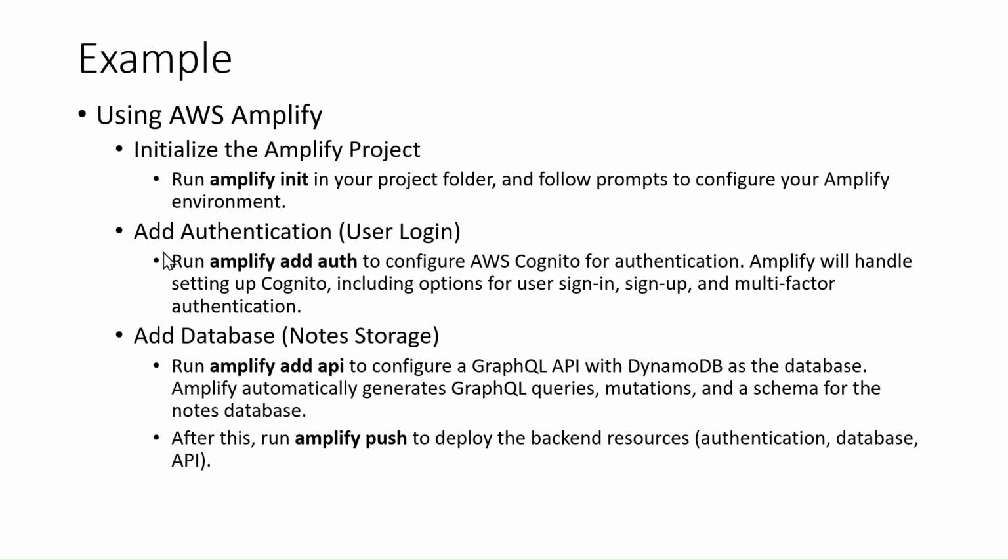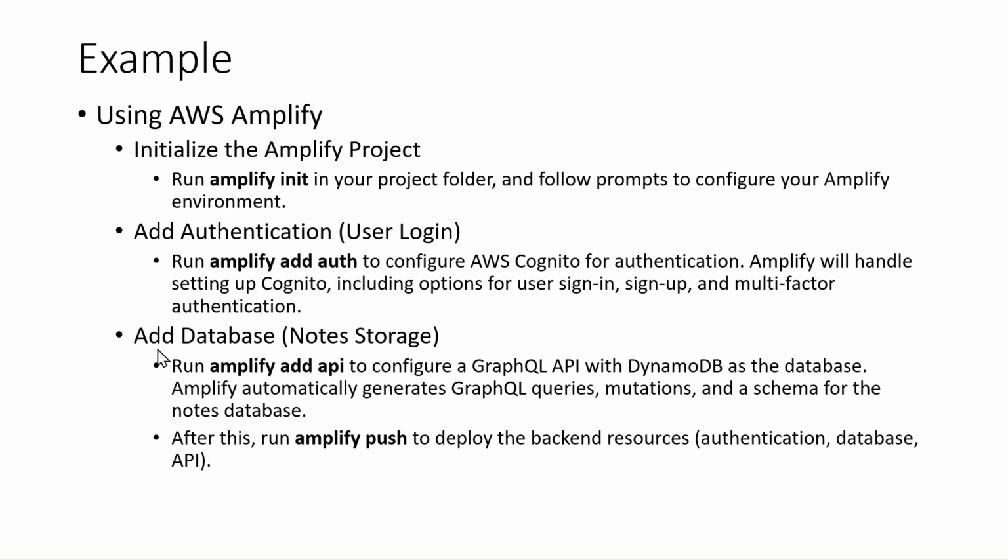Fine. And add authentication: if you want your application to be secure, just add user login and create authentication using this. Just by running this command, it will configure AWS Cognito for authentication. Amplify will handle the setup of Cognito, including options for sign in, sign up, and multi-factor authentication.